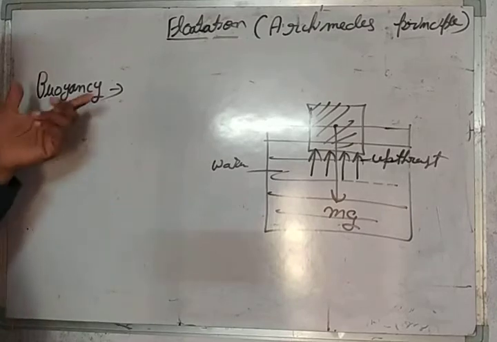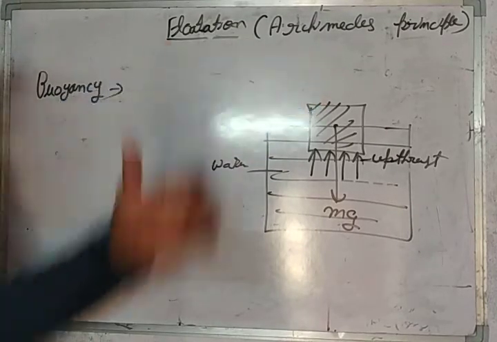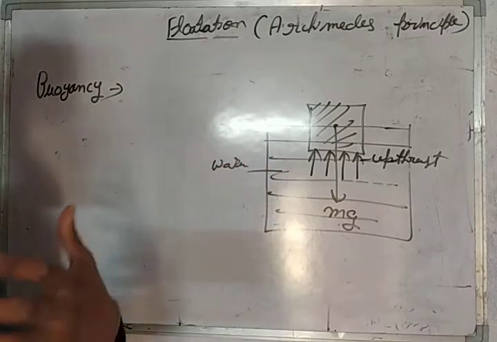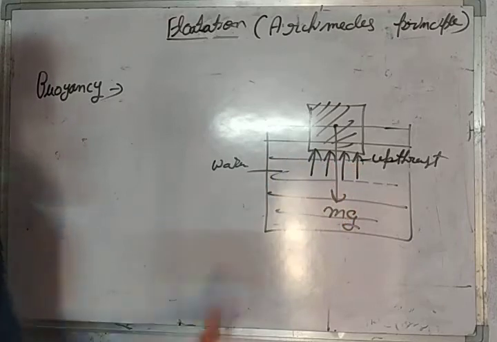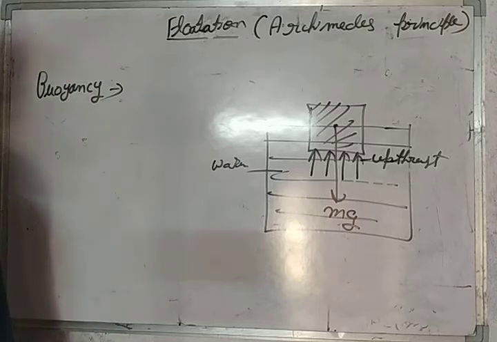What about buoyancy? This phenomenon of floating, this phenomenon of experiencing the upward force, is called buoyancy, and this force is called the buoyant force. Students, there was a great scientist named Archimedes.